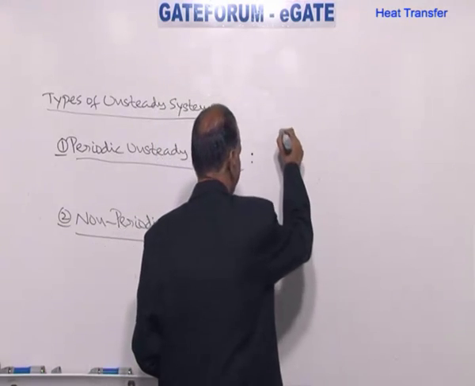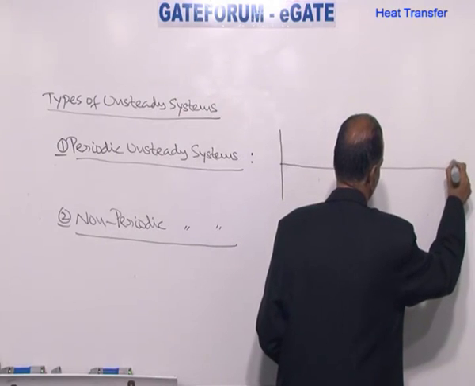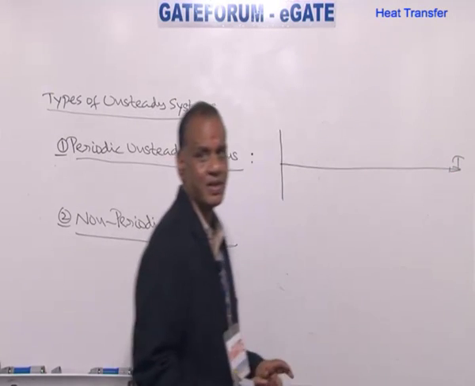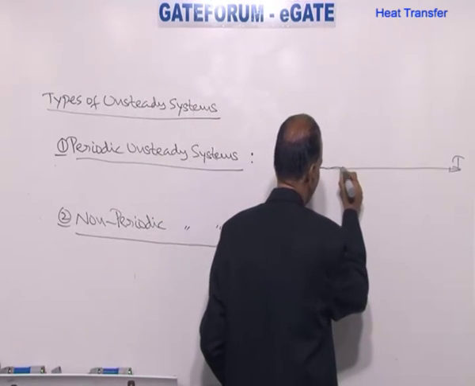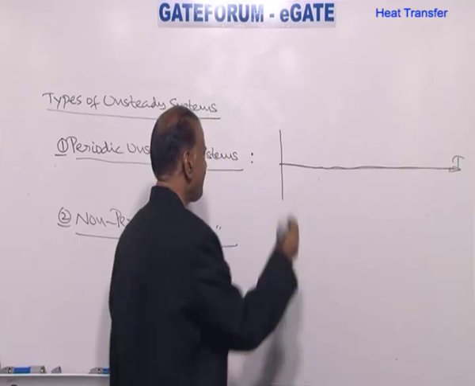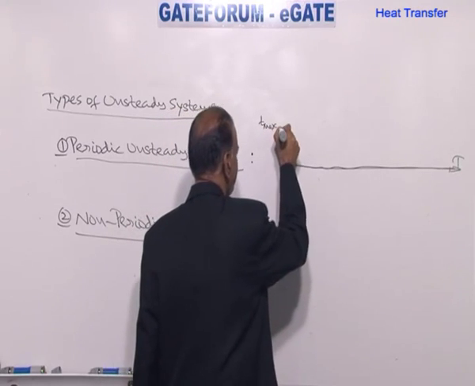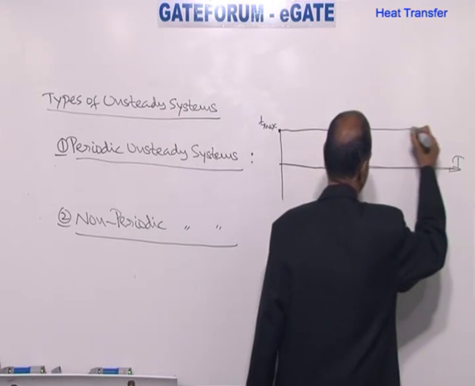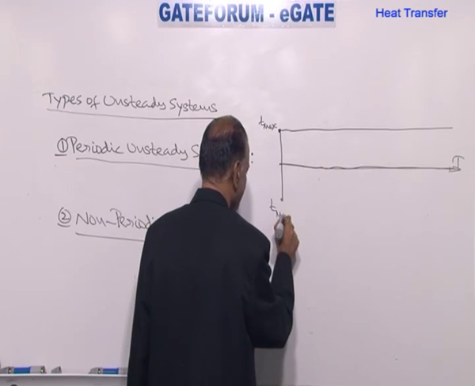If we show this schematically, x-axis we have time, tau, and y-axis we take temperature. We will have two temperatures. One is maximum temperature, upper limit. The other is minimum temperature, lower limit.